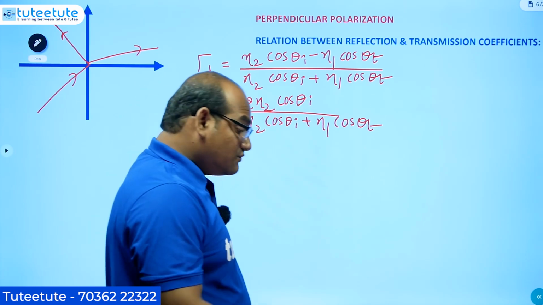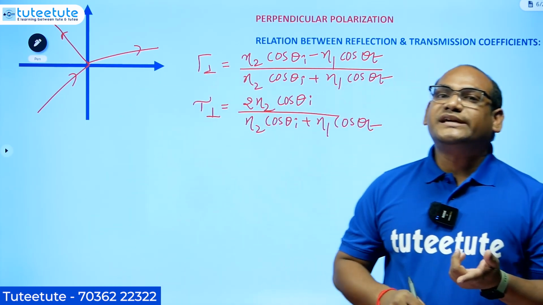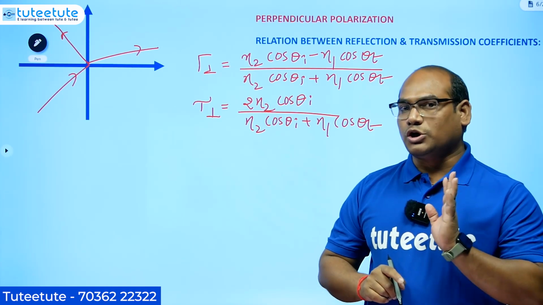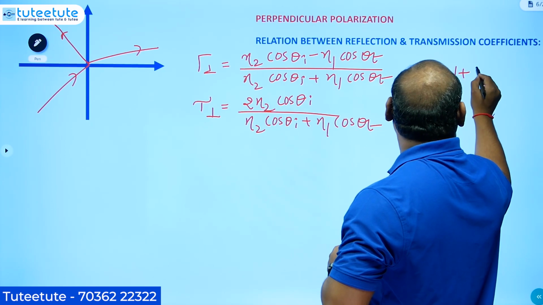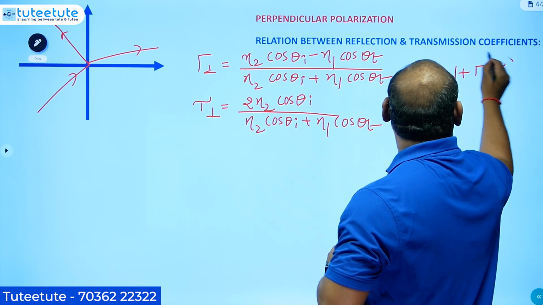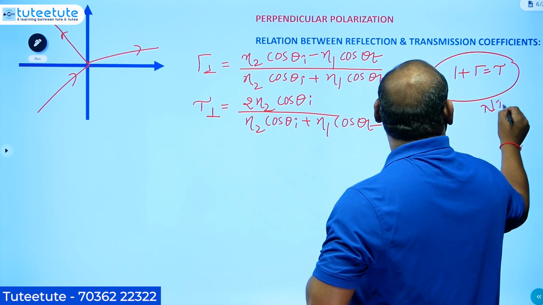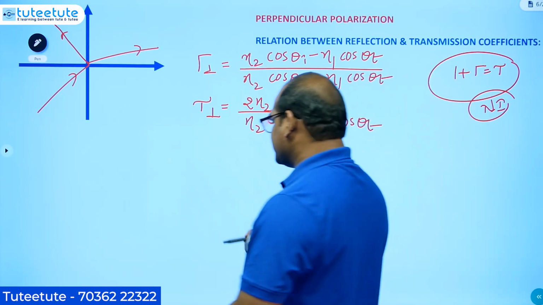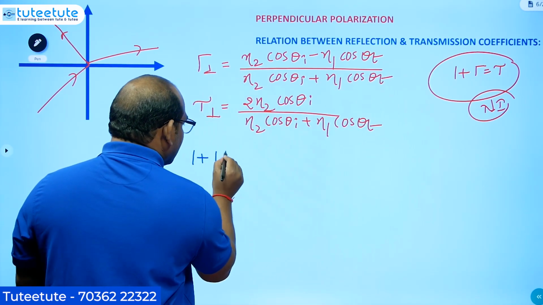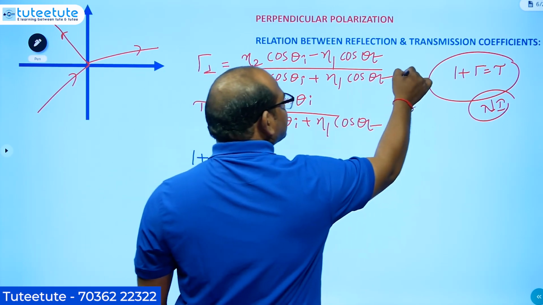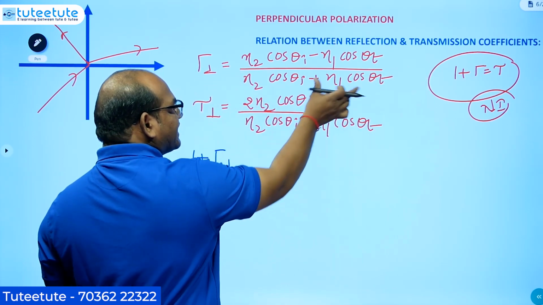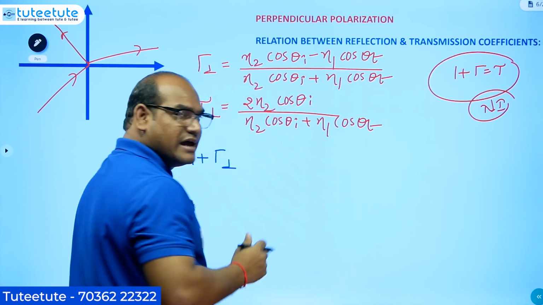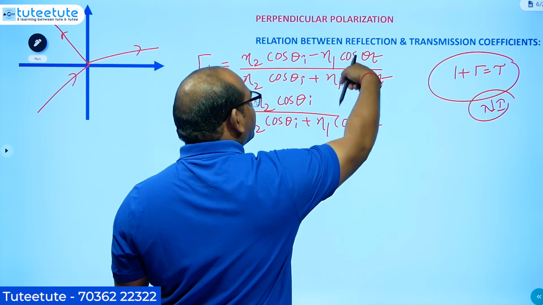For the normal incidence, we got a relation between the reflection coefficient and the transmission coefficient. What is the relation? 1 plus gamma is equal to tau. This is the relation we got in the case of normal incidence, and the same relation is followed here also. Just check 1 plus gamma perpendicular. Take plus 1 here, then by taking the LCM, the denominator is added with the numerator, where eta 1 cos theta t will be cancelled.